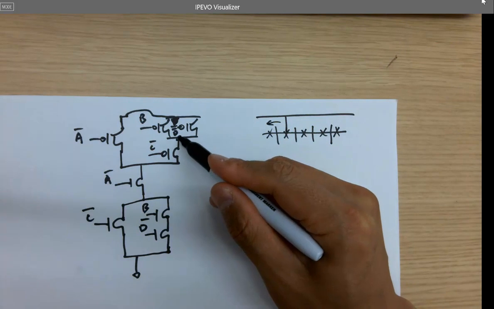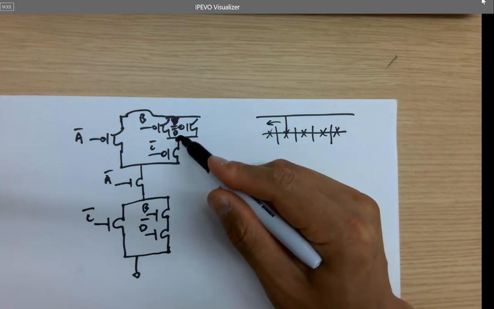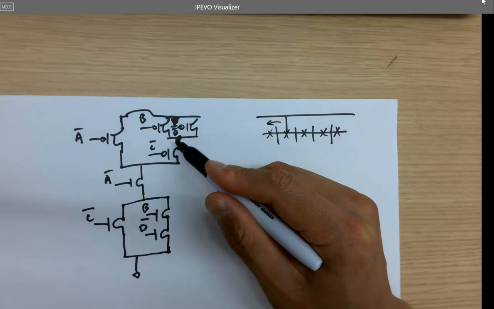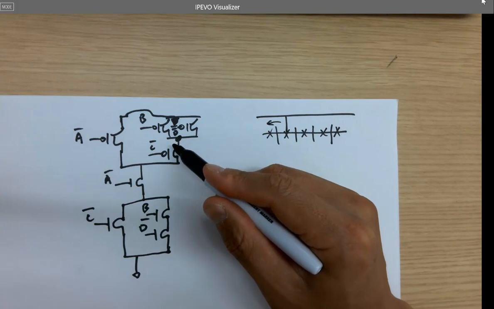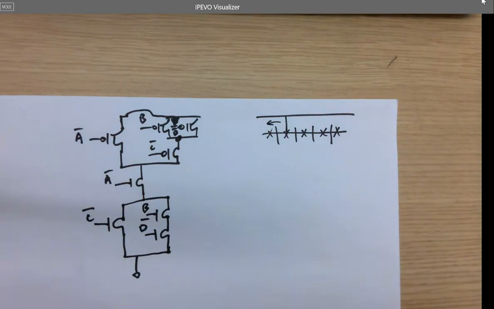So you need this output node to be on the right-hand side, which is challenging. Can we still do that?